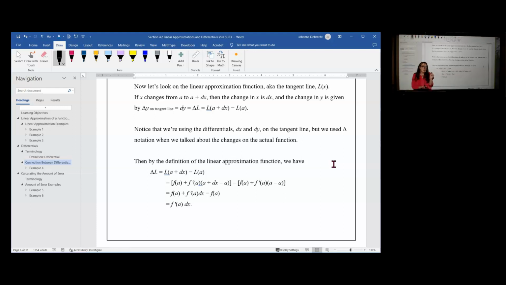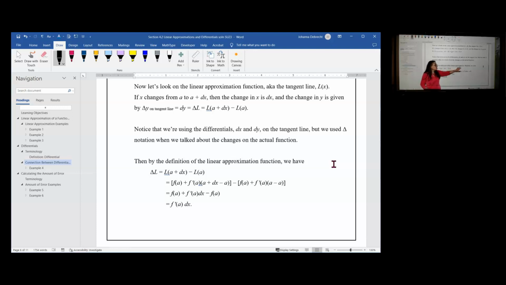Notice that we use dx again on the linear approximation function. We want to figure out what the relationship between dx and delta x is. Dx on the tangent line, delta x on the function, and dy and delta y. Dy on the tangent line, delta y on the function.